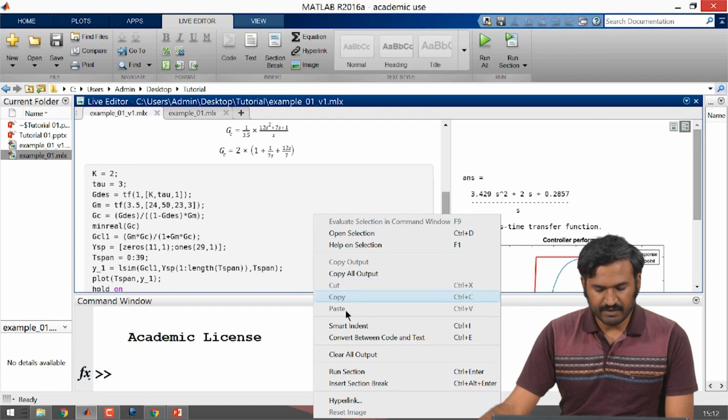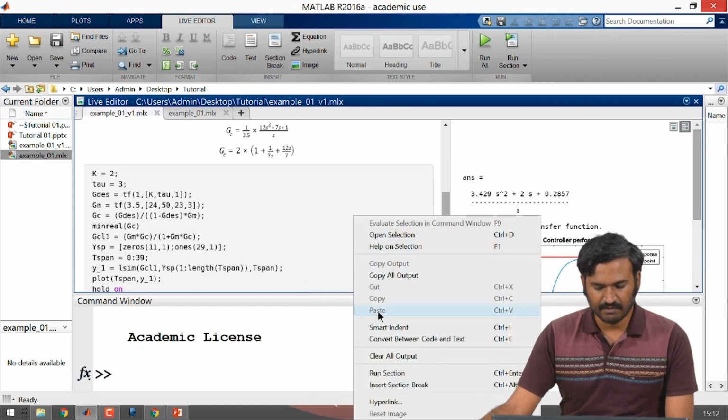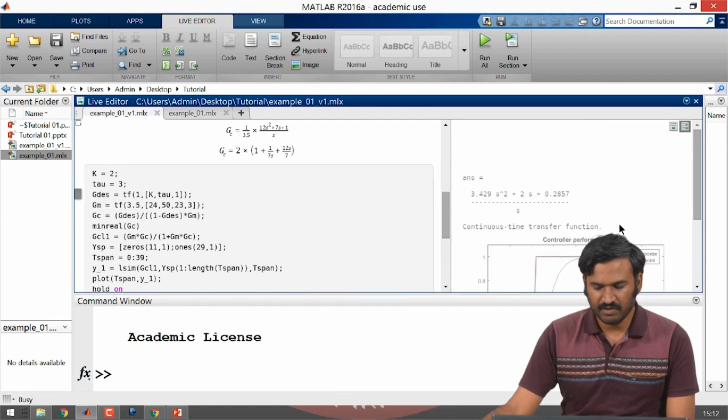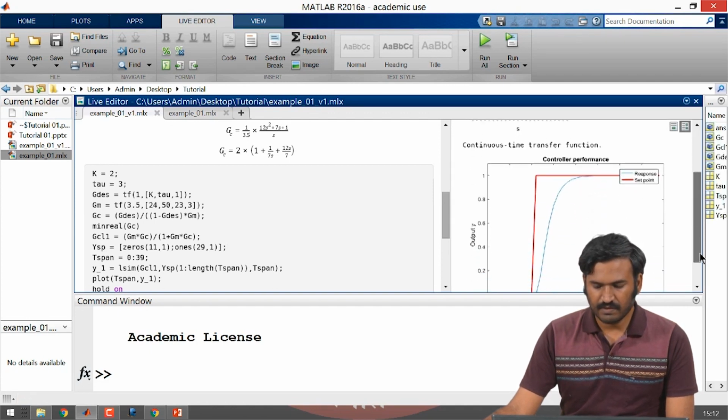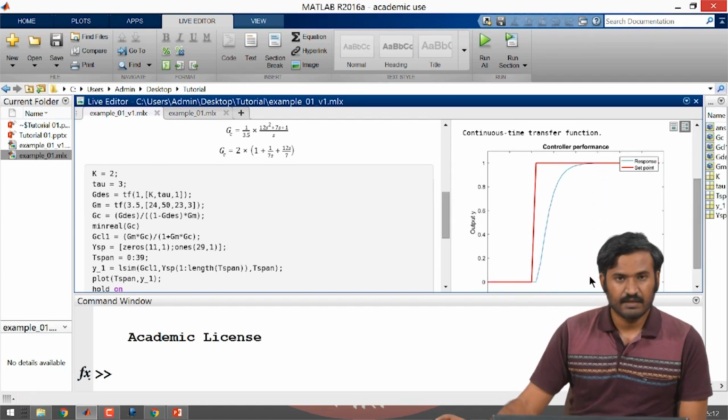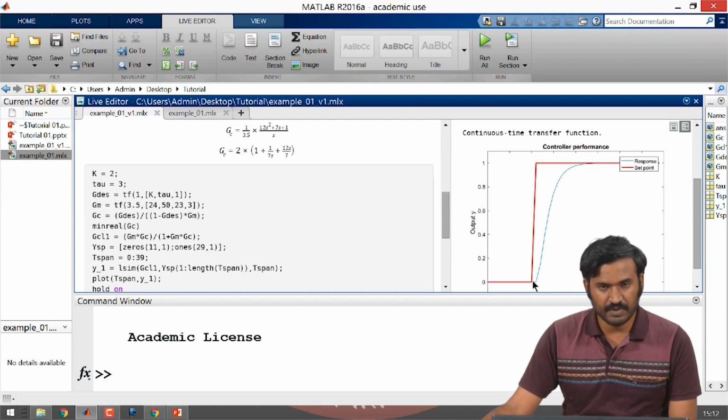We can run and check whether this calculation works out. So as you can see, the process reaches the set point very fast.